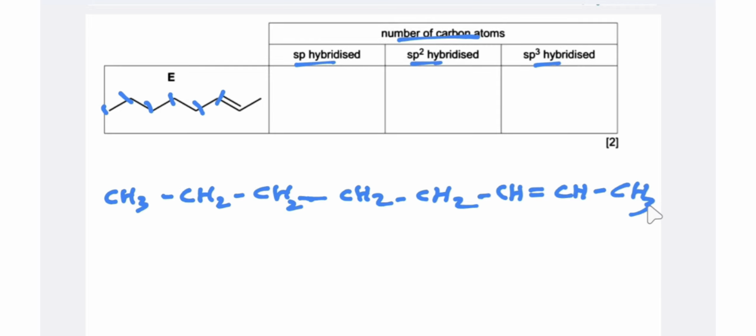Now for this structure, for this carbon, we can see that it is attached to 3 hydrogen and one other atom.